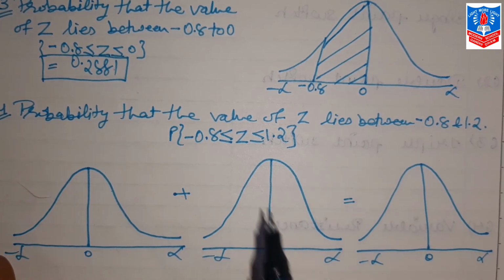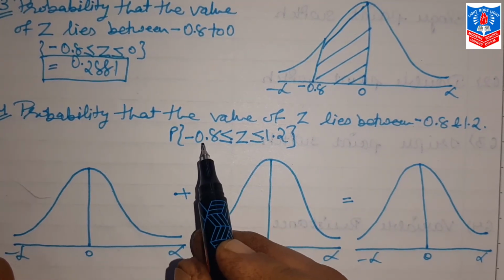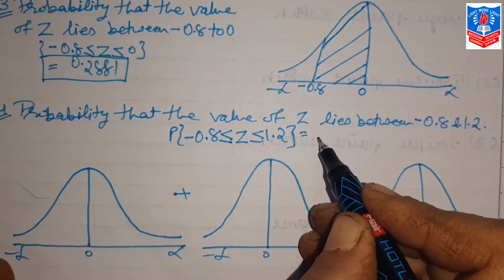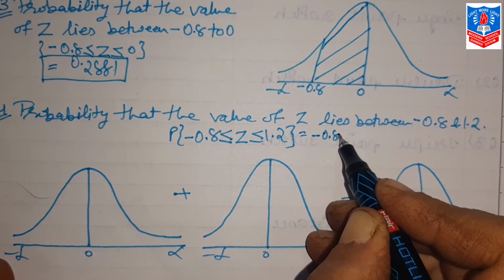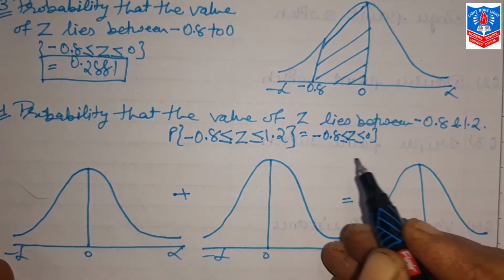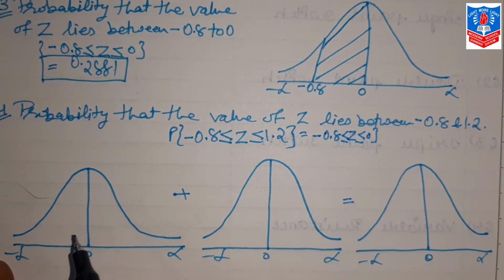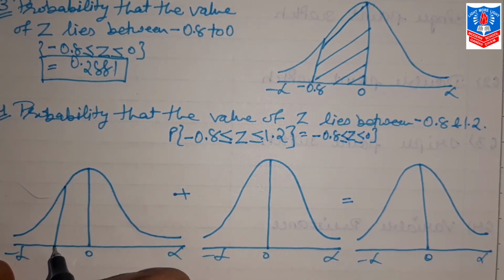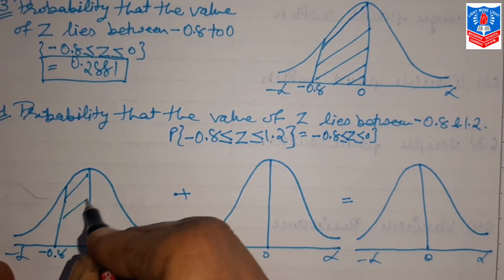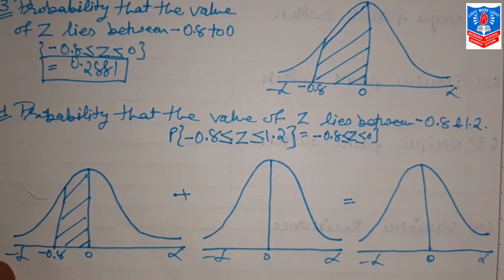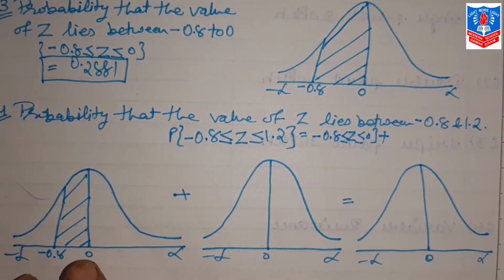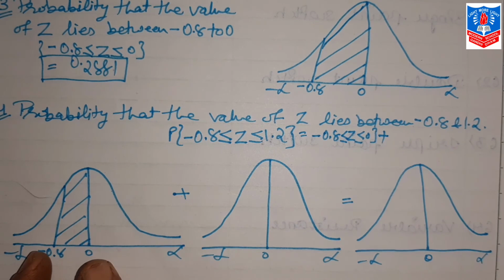First we take the area from minus 0.8 less than or equal to Z less than or equal to 0, which we will show in this. That is minus 0.8, this way. Plus, this is from minus 0.8 to 0.